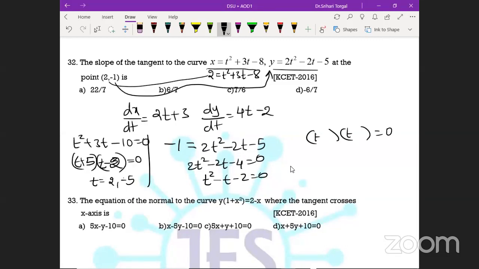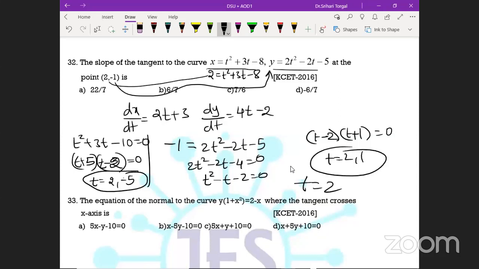Minus 2 is there. 2 1s are 2. Minus 2 plus 1. You will get the same minus 2 if you multiply. If you add it, you will get minus t only. Okay. t is equal to 2 and 1. Now tell me which one I have to take. What is the common t in both the terms? t is equal to 2 I have to finalize. Here, this is what I have solved.